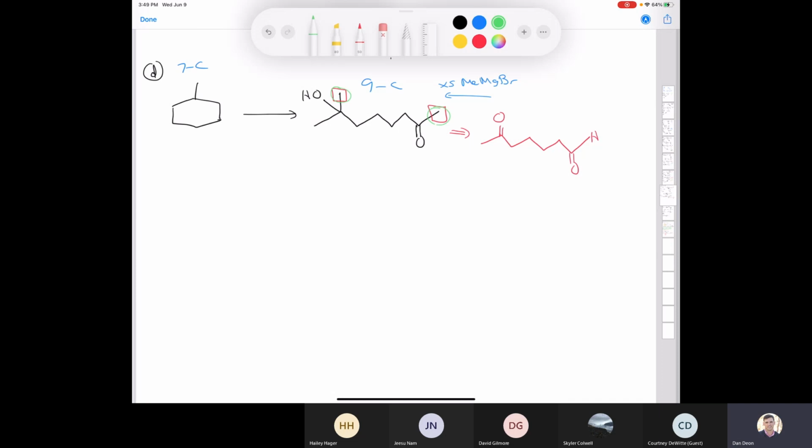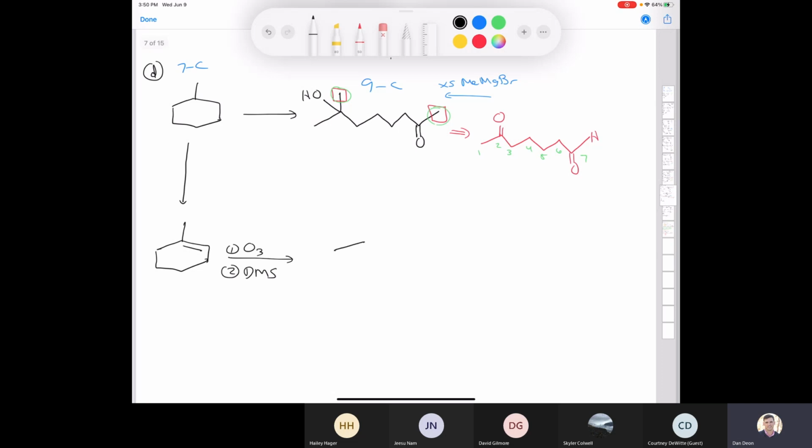Because now I've only got 1, 2, 3, 4, 5, 6, 7 carbons. So how would I get from here to here? Well, if I could make this compound where I have the double bond right here, and I treat that with ozone, right? Ozone followed by DMS, since it's an alkene, I would break the bond there, okay?